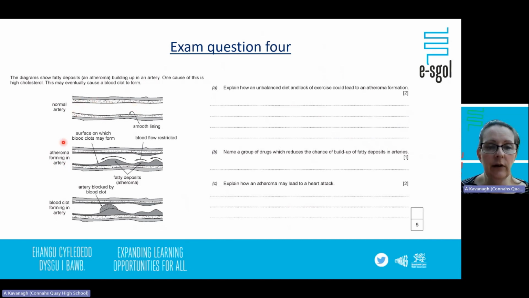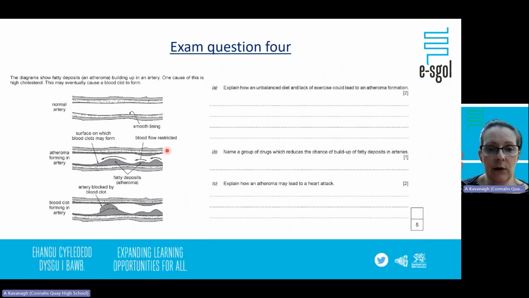As we move down and look at the second diagram, we can see that there is an atheroma forming in the artery. If we look towards the bottom of our artery, the atheroma and fatty deposits are building up, at various heights on the bottom, but also on the top. And if you look at this part where our blood would flow, it's very, very narrow compared to our normal artery.